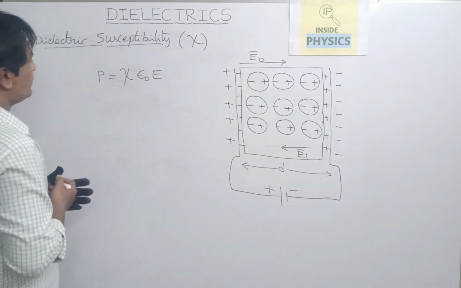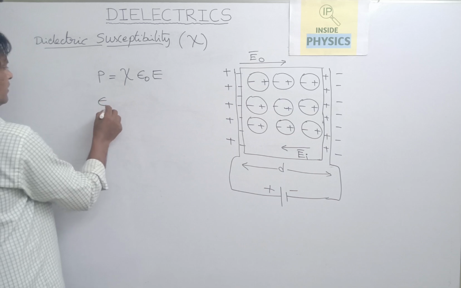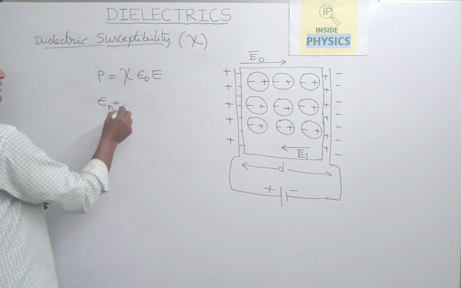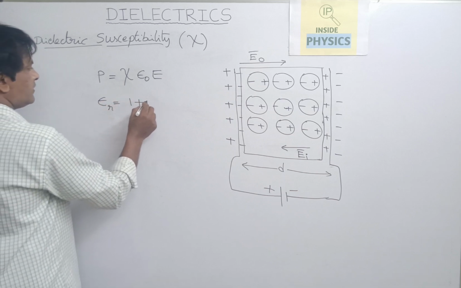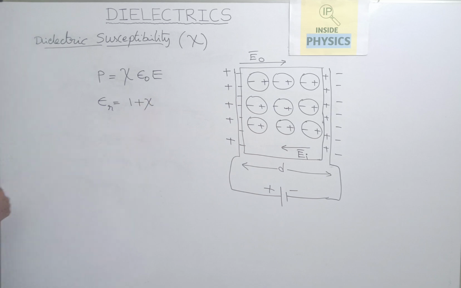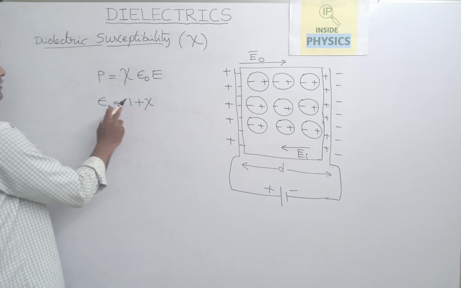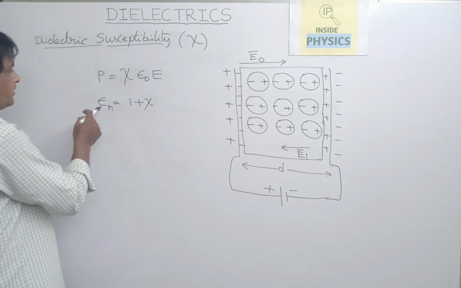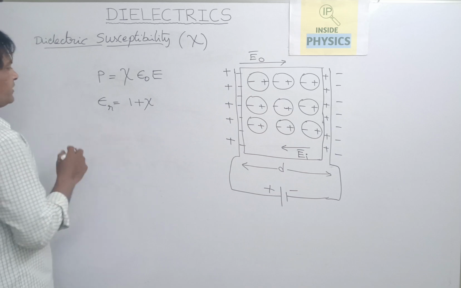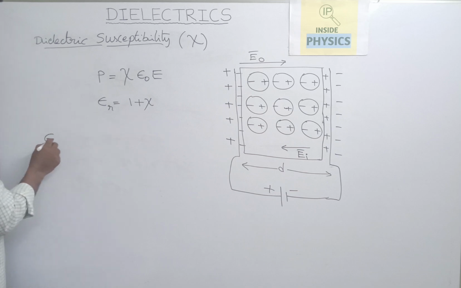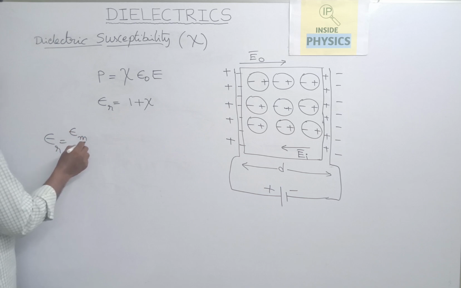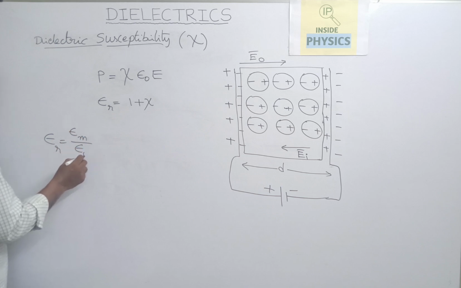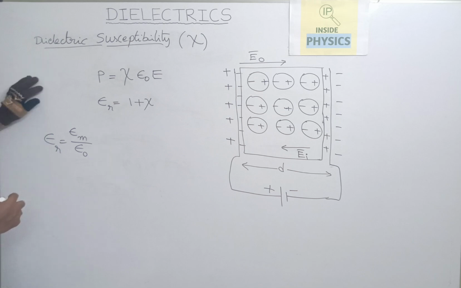So here we know that the relative permittivity and the susceptibility are related in this way: chi plus 1 is equal to the relative permittivity. What is relative permittivity? We all know, it is the permittivity of a particular medium to the permittivity of free space or air.